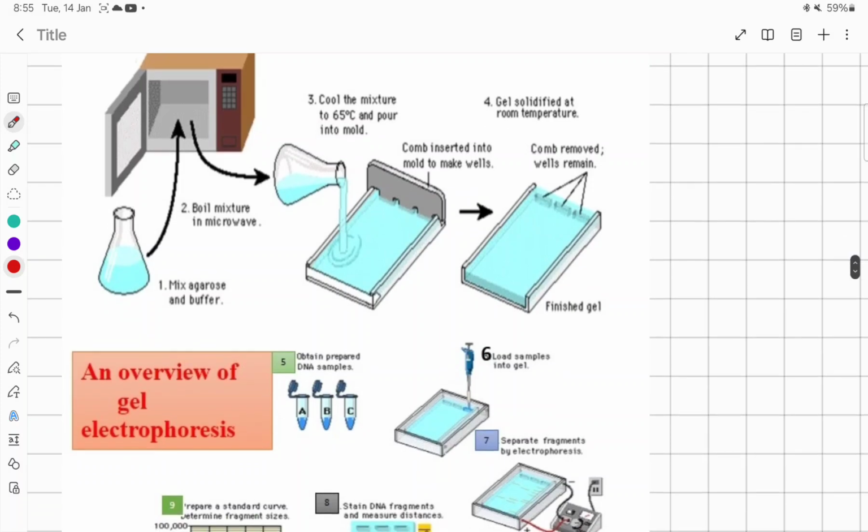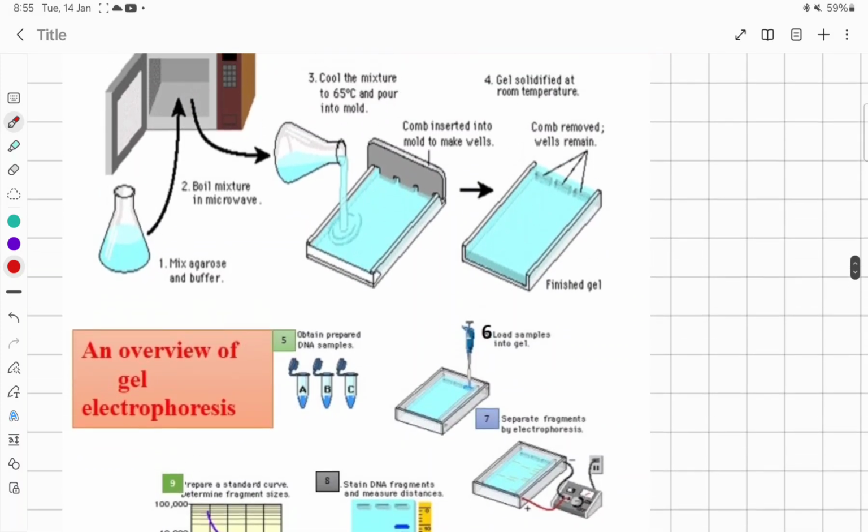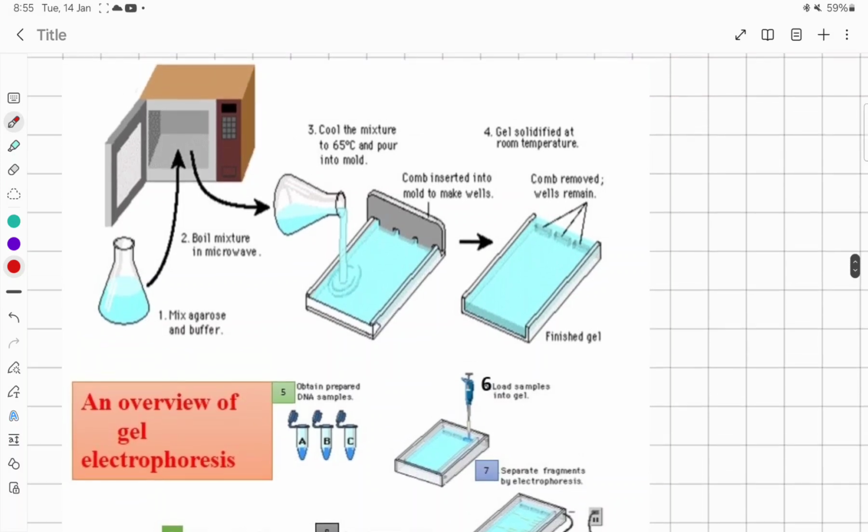So let us see the overview of the agarose gel electrophoresis. We take some agarose and buffer, boil in a microwave, then cool it to room temperature, and it will set.